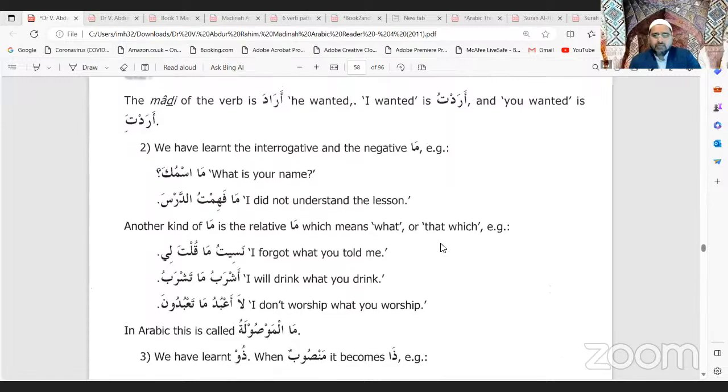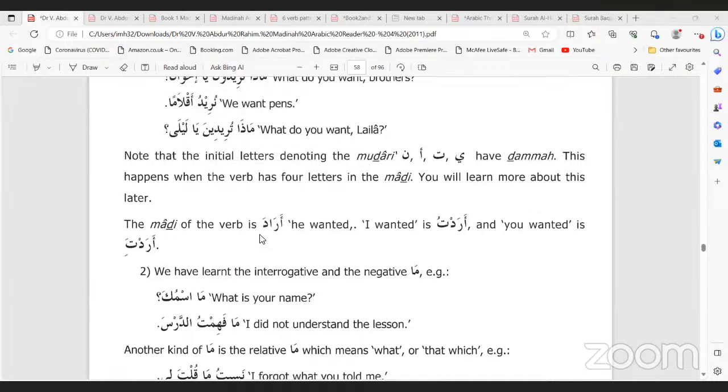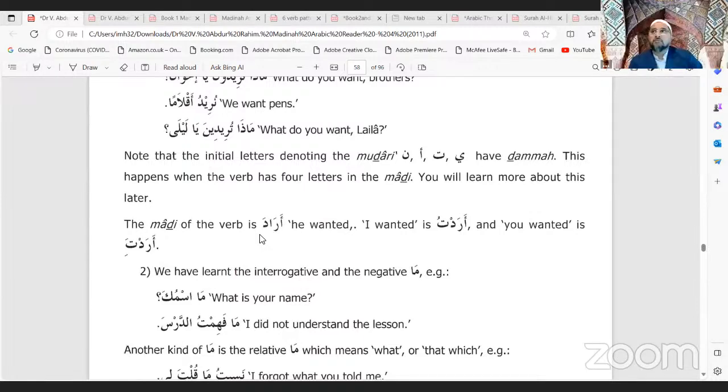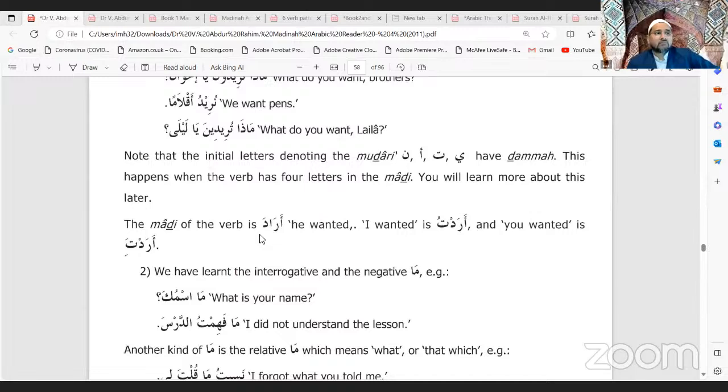Now arada, as you know, is alif, ra, alif, dal. So the past tense, arada, he wanted. How would you say she wanted? It will be aradat, with ta and a sukun. Exactly. So arada, aradat.